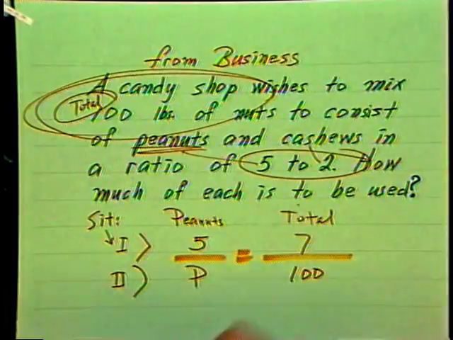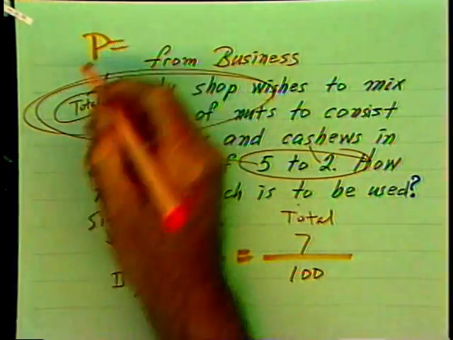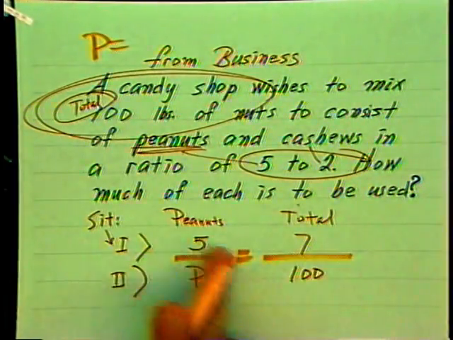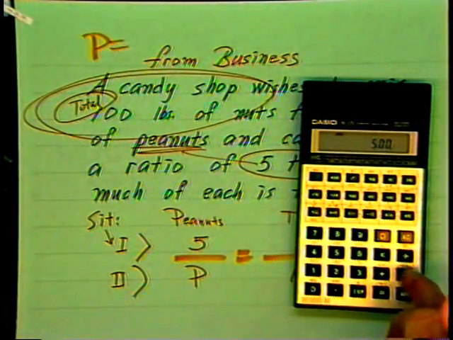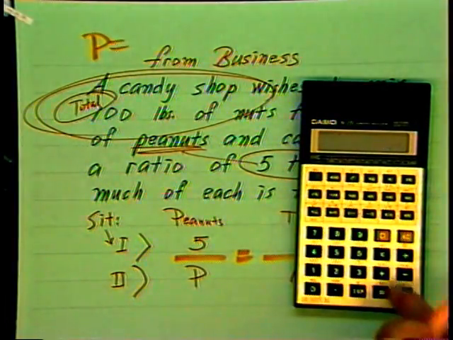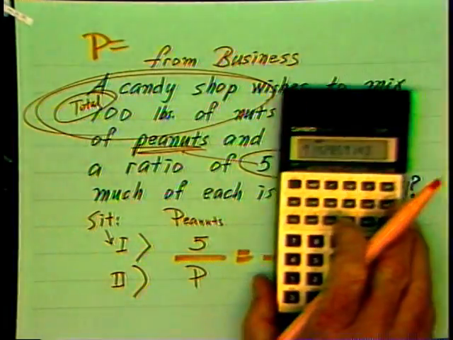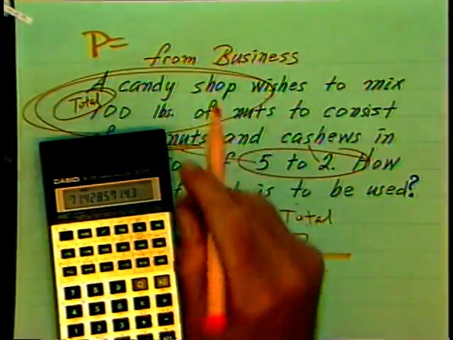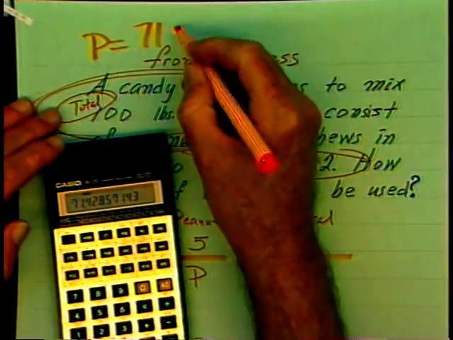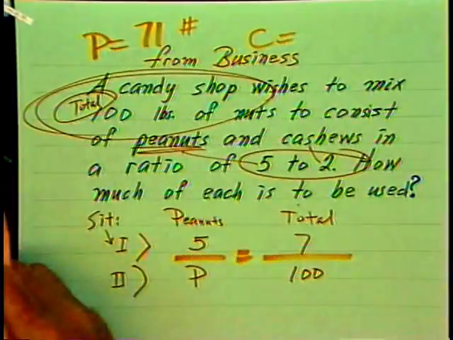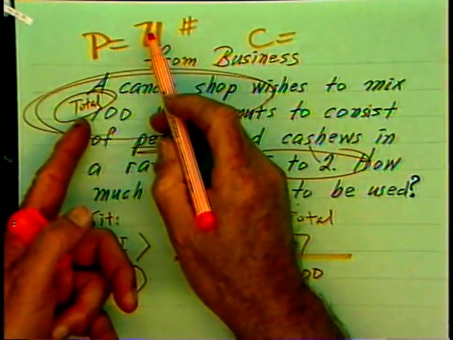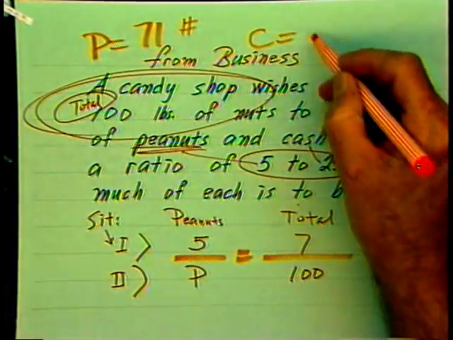So my answer is, the number of peanuts is 500 divided by 7, which is 71. If I went around to the nearest pound, that would be 71 pounds. And the cashews, of course, would be the rest of that 100 pounds, or 29 pounds.